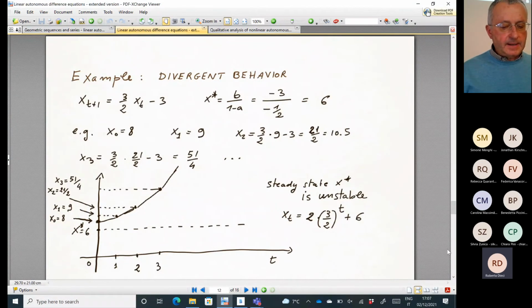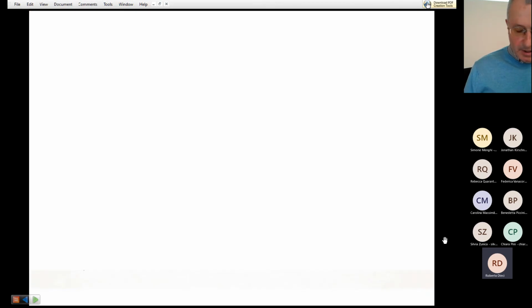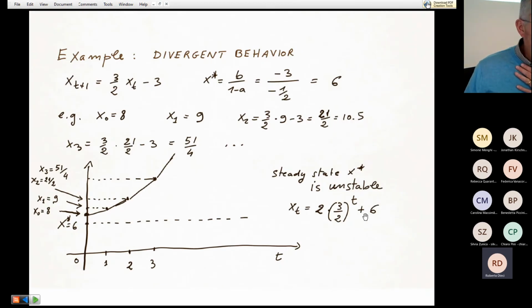So here is another example of so-called divergent behavior. If you look at the equation here, you see that x_{t+1} is equal to 3/2 x_t minus 3.